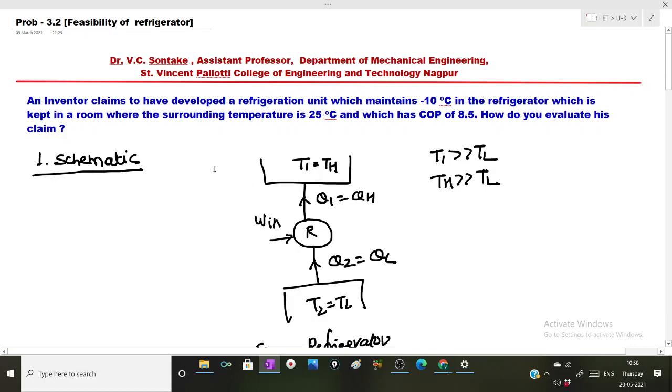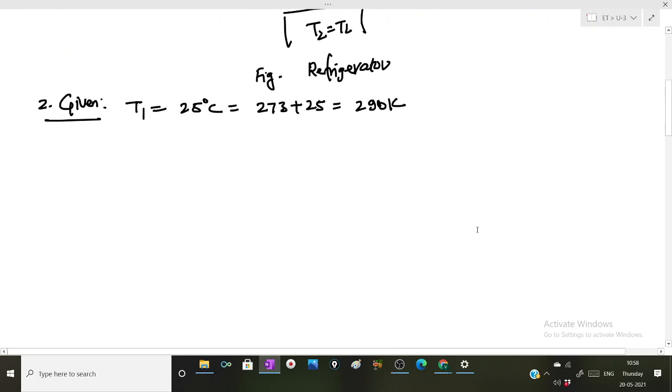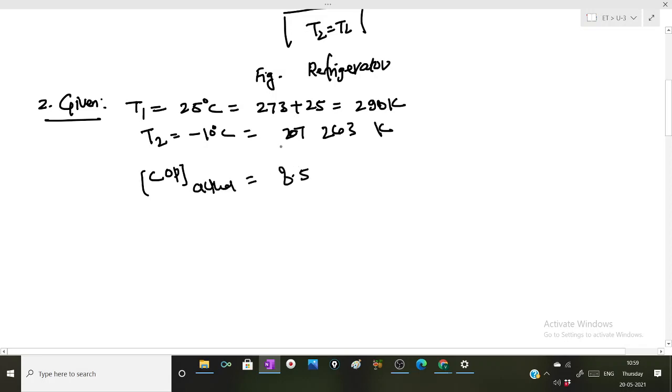This 25, that is surrounding temperature, is 25 degrees Celsius and T2 is nothing but the low temperature space to be refrigerated. So this is 263 Kelvin. Okay. You have been given actual COP of that refrigerating unit as 8.5.